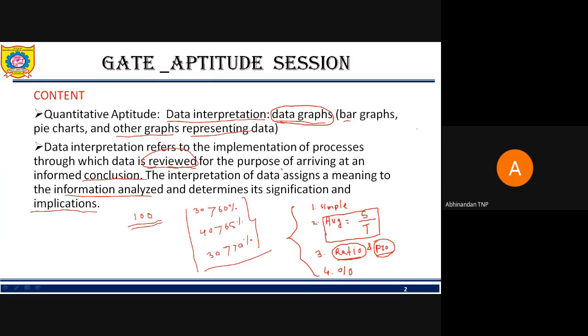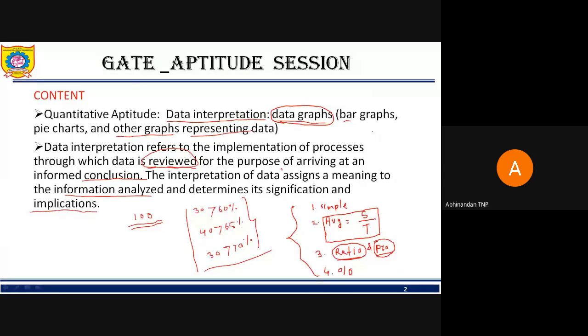You might have studied bar graph, pie graph or line graph or table, and they may give you a table also. You have to observe that table and find out the answer. So data graph is in the form of bar, pie, table, or line. These are the different forms of graph.